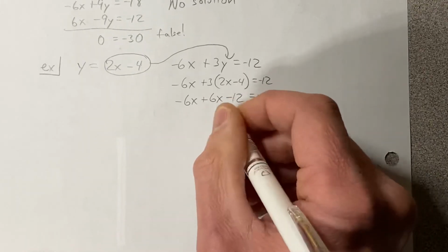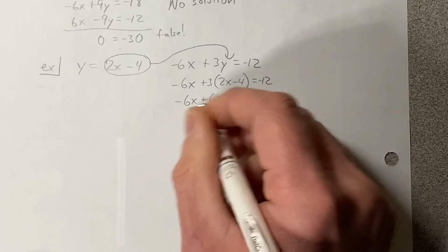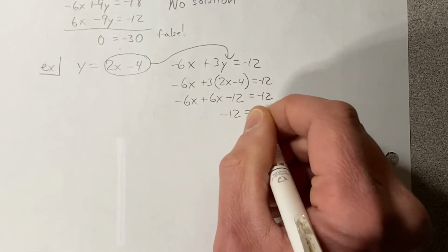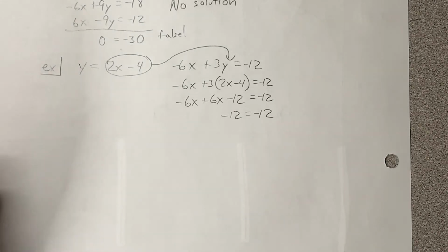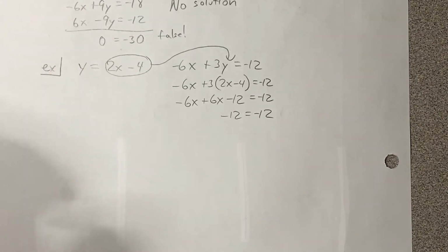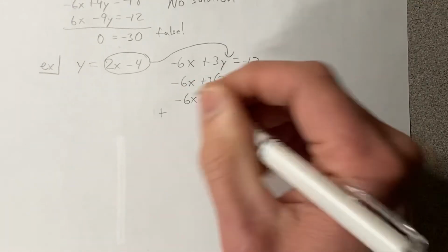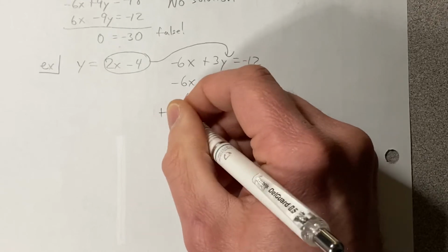Combine like terms. Oh, interesting. The x's go away. I get negative 12 equals negative 12. The variables both went away, didn't they? But in this case, I'm left with a true statement. Negative 12 is equal to negative 12.